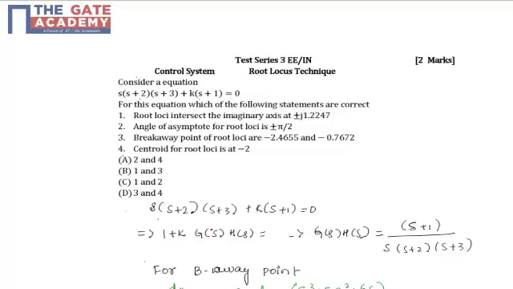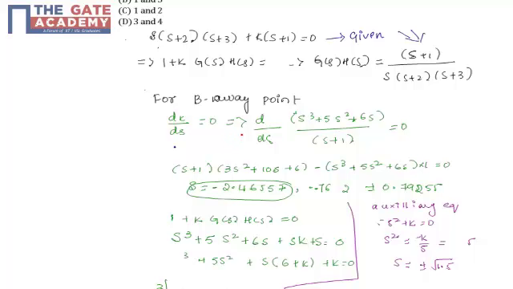So let us take the given equation, which can be written in this form: s of s plus 1 by s of s plus 2 by s plus 3. We need to find out the breakaway point for this transfer function, which can be obtained by dk by ds equals 0.